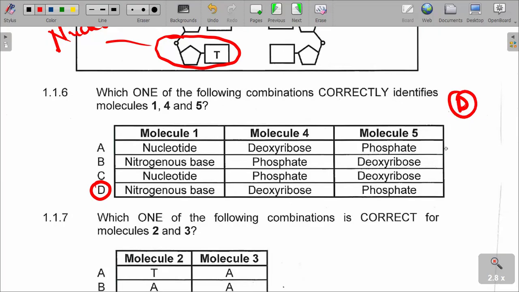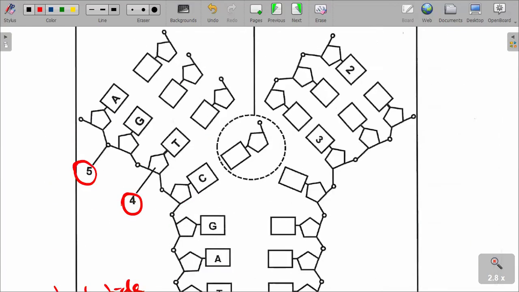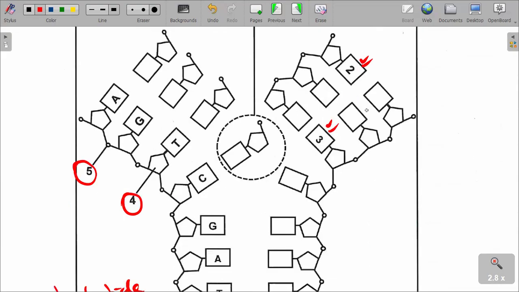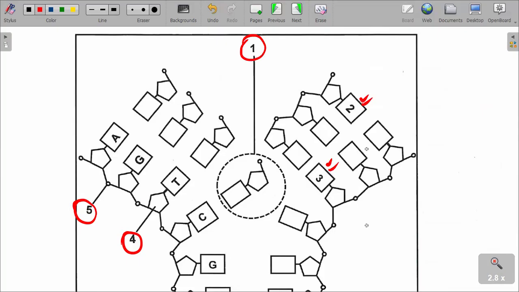And then which of the following combinations is correct for molecule 2 and 3? If you look at molecule 2 and 3, we are given these structures here.